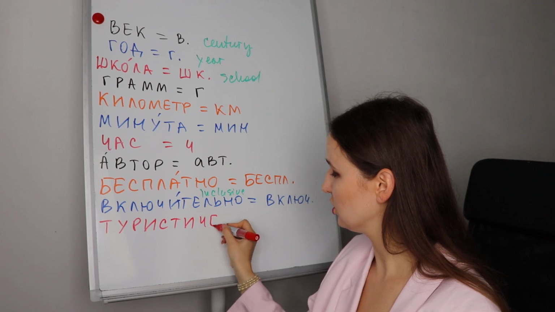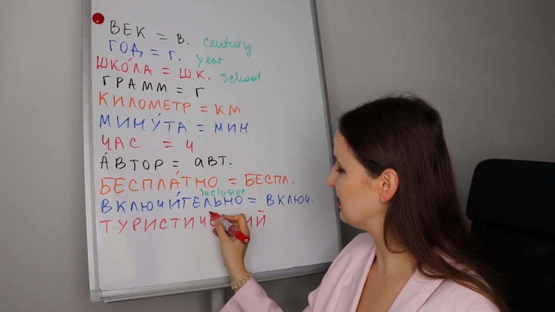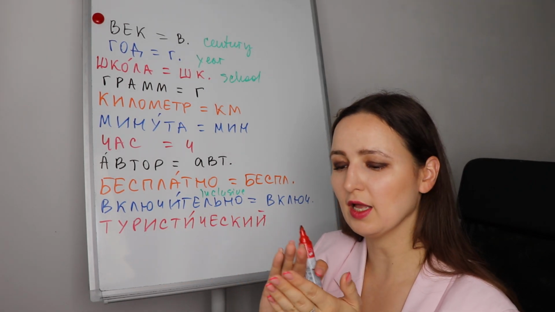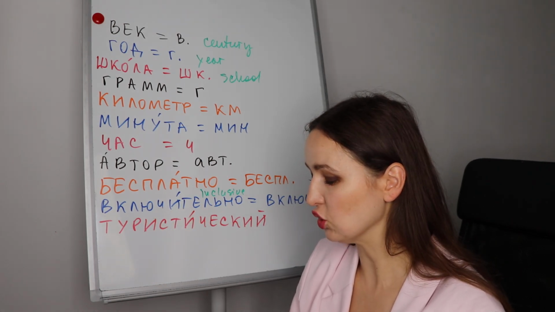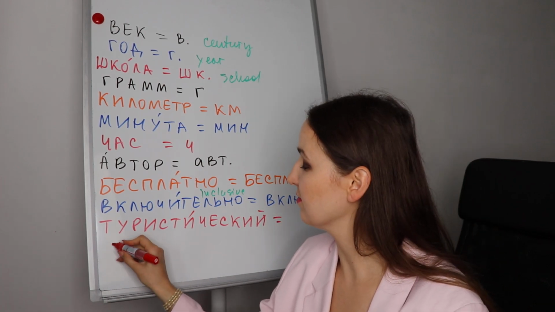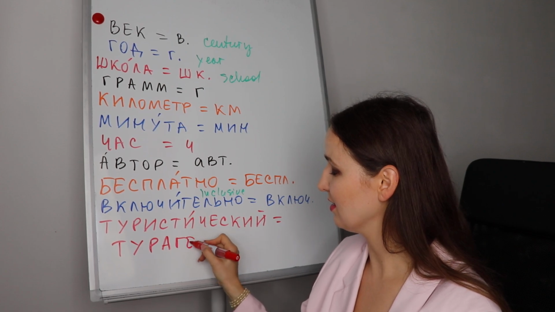Туристический. This one we abbreviate, it's тур, and we add it to another word. Туристический is тур, for example, like in турагентство. Тур and агентство.